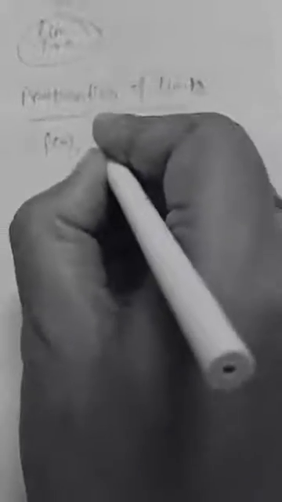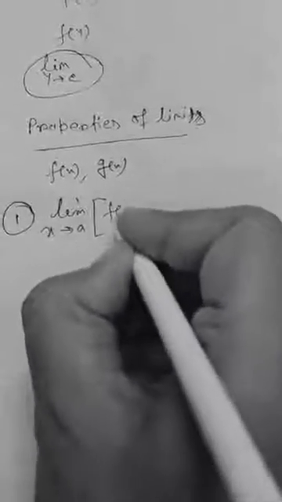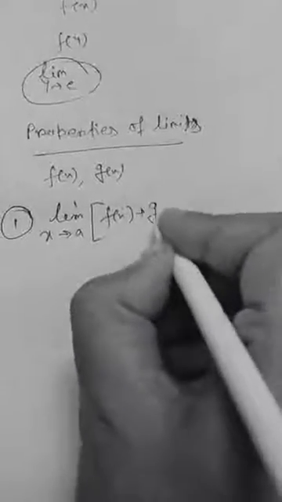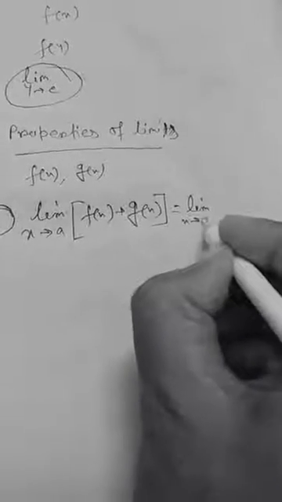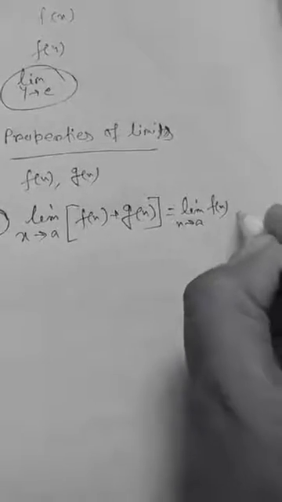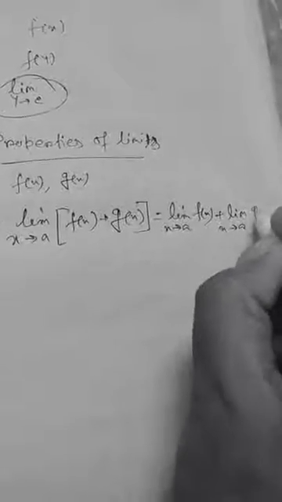We take any two functions f(x) and g(x), and the first property is: the limit as x tends to a of f(x) plus g(x) is equal to the limit as x tends to a of f(x) plus the limit as x tends to a of g(x).